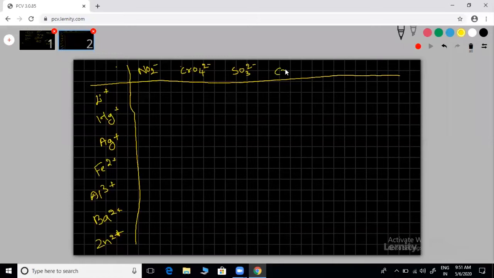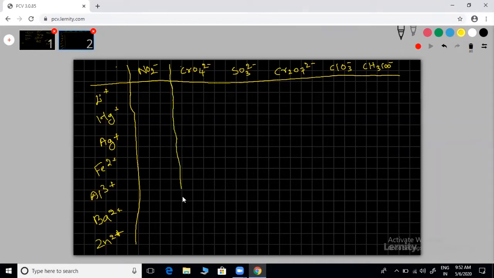And Cr2O7 2 minus, ClO3 minus, and the last one CH3COO minus. So I need the corresponding formulas with names.